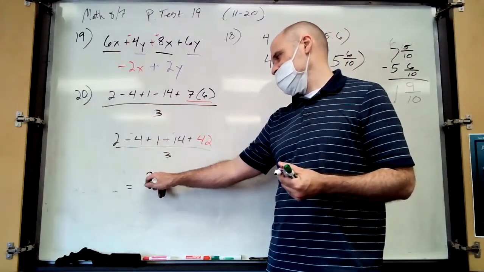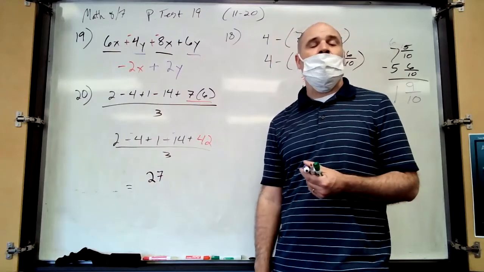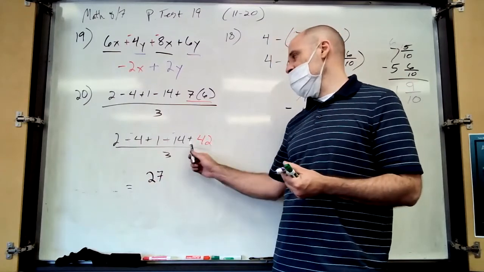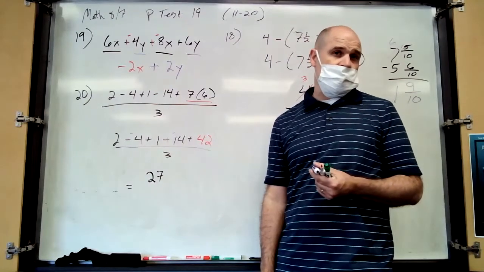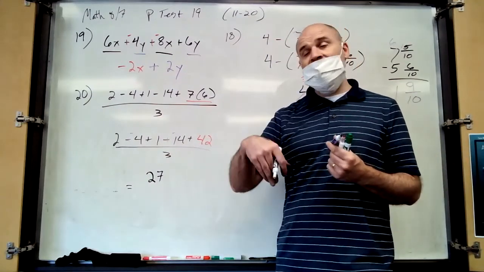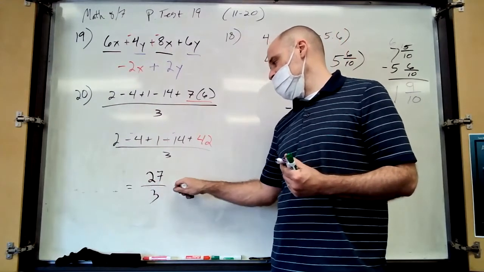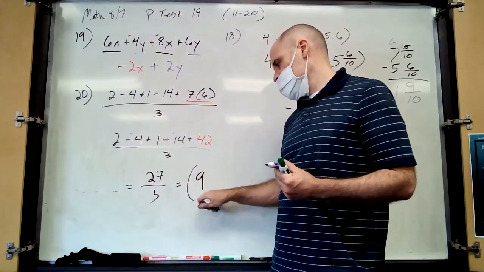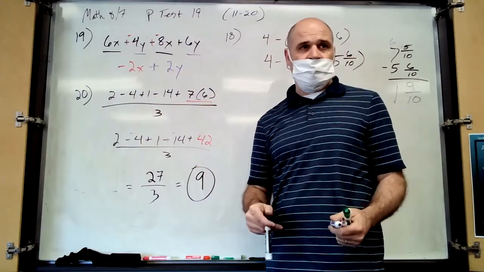Positive 27. 45 plus negative 18. So they fight, so you subtract. All the negatives die. 45 minus 18 and you get 27. What's 27 over 3? Math 8-7 complete.